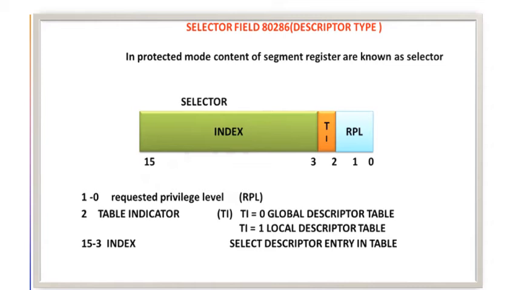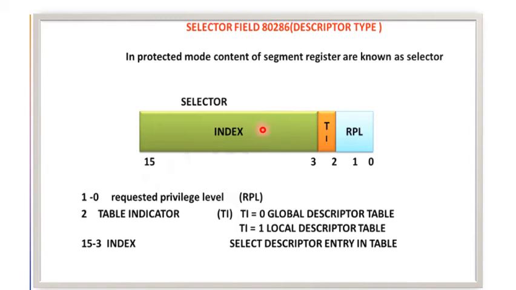The first 2 bits, D1 to D0, are called the request privilege level, RPL, field. The D2 bit states the descriptor table type. The index, D15 to D3 bits, is used to indicate the descriptor base in the descriptor table.